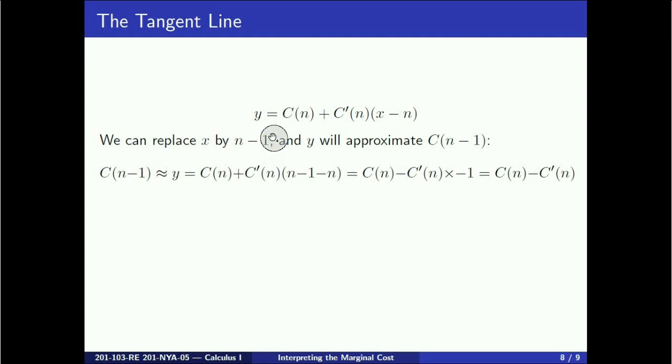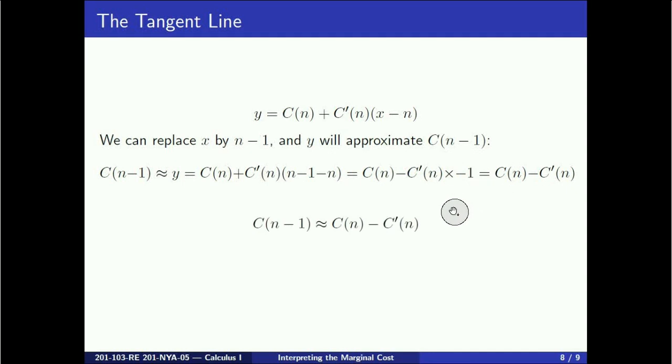Another value that is close to x that gives a different interpretation to the derivative is when we choose x to be n minus 1. In that case, C of n minus 1 is approximately y, which is equal to C of n plus C prime of n times n minus 1 minus n. This time the last bracket simplifies to minus 1, and overall we get C of n minus C prime of n.